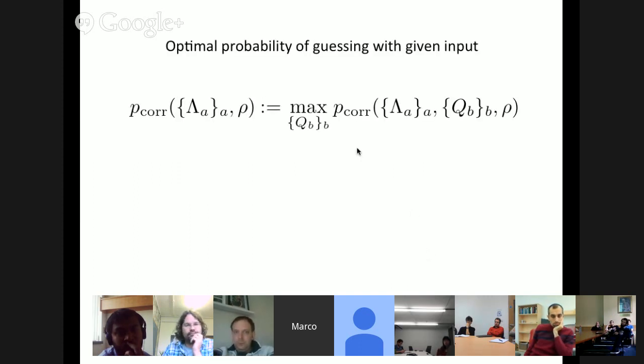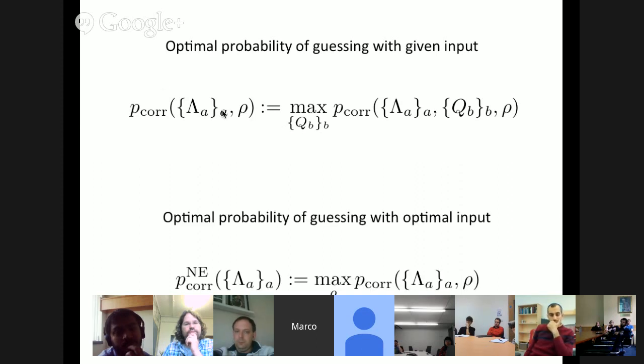So, for example, we can consider an arbitrary maximization over the measurements, defining the optimal probability of guessing for a given input. Suppose that you don't have control on the input, but you have control on the measurements, well, you may want to optimize those measurements, arriving at this quantity. A further step that would signify also better control is that of using an optimal input.